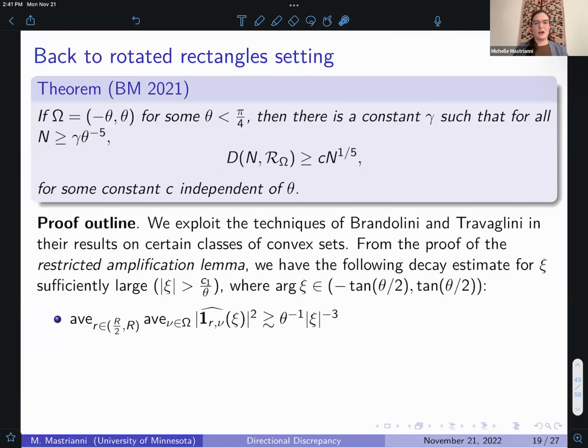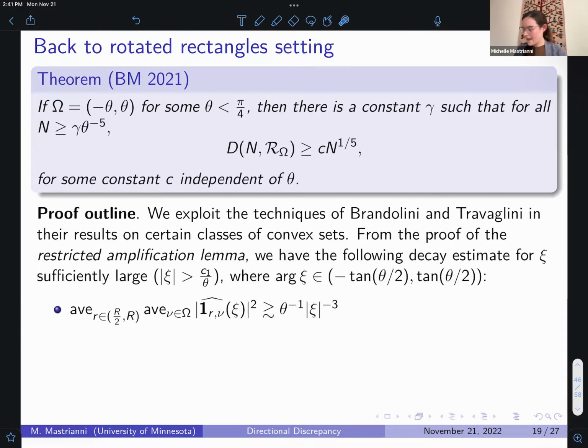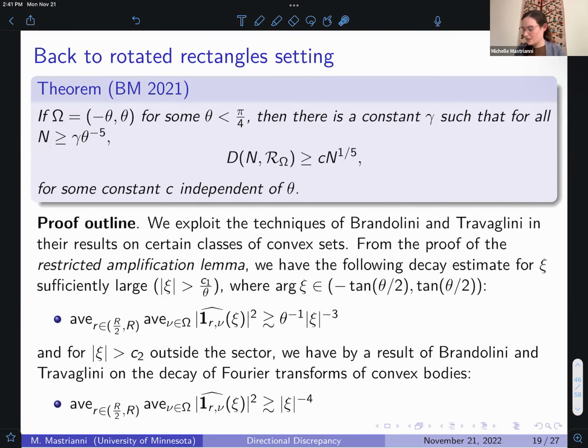And so here's our proof outline. We have the following decay estimate in Fourier space for C sufficiently large and inside some particular sector. And outside the sector, we have a decay estimate of C to the -4.